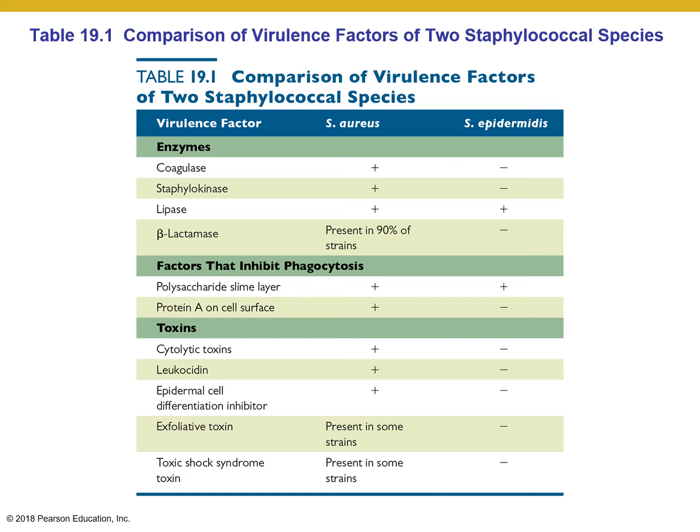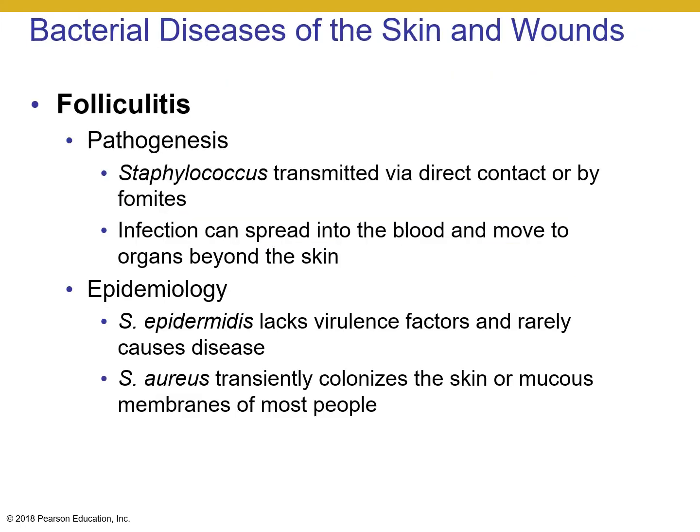Notice that Staph epi doesn't have very many virulence factors. It rarely ever causes any disease. So, if Staphylococcus is transmitted by contact or by fomites, it can get through breaks in the skin.